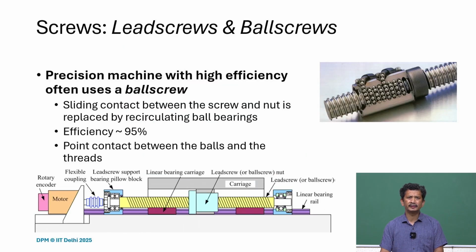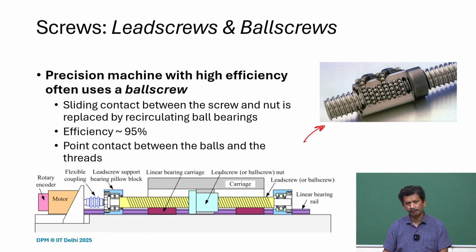So the power screw, the lead screw, is very good and is used for power transmission, but the efficiency is very low. And the researchers in Japan and Germany realized that if you look at the lead screw and the bearings, what if they can be combined, and that gave rise to the ball screw.